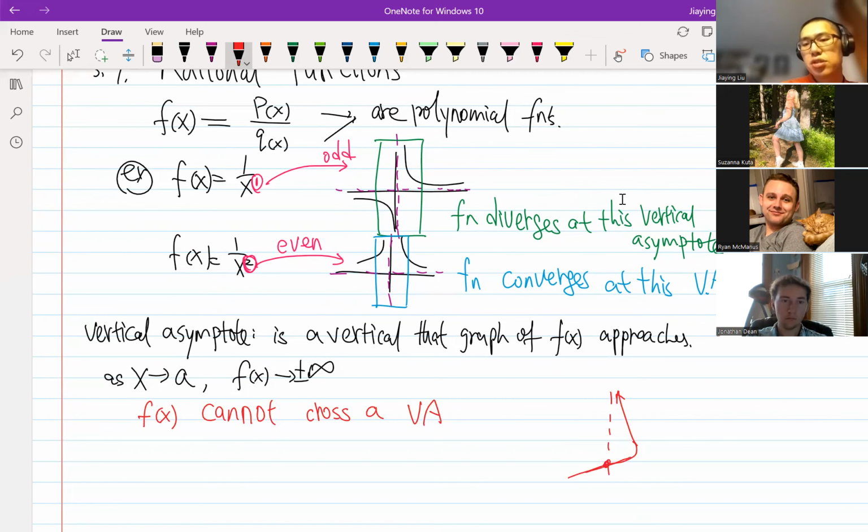Well, if it crosses and then goes up, that means it's not a function anymore because it no longer passes the vertical line test. So that's usually what happens with rational functions. You cannot have the function cross a vertical asymptote.